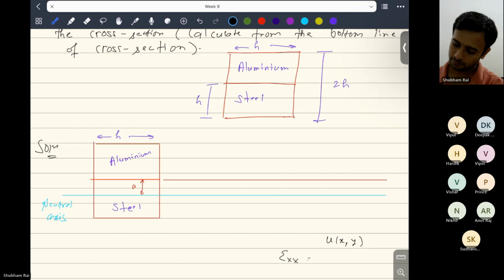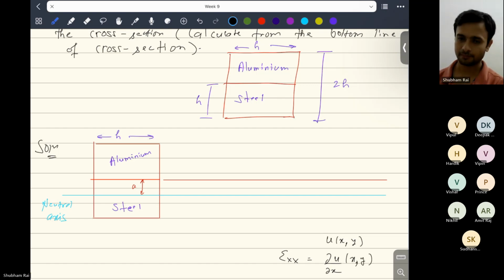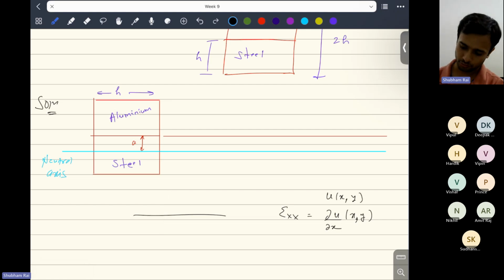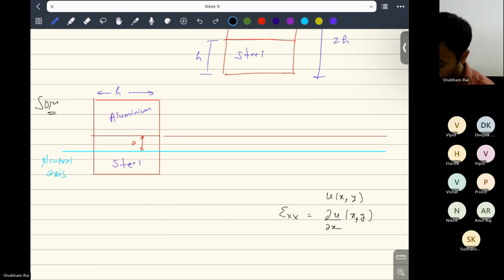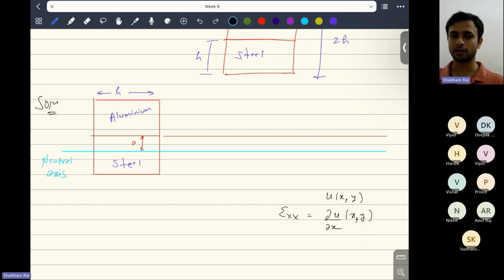So we have del U by del X. Since U is continuous with respect to Y, del U by del X will also be continuous with respect to Y, because we have only differentiated with respect to X. We have not differentiated with respect to Y. If U is continuous with respect to Y, it is not necessary that del U by del Y will also be continuous, because it may vary like this.